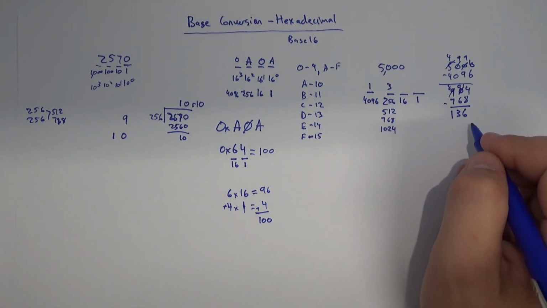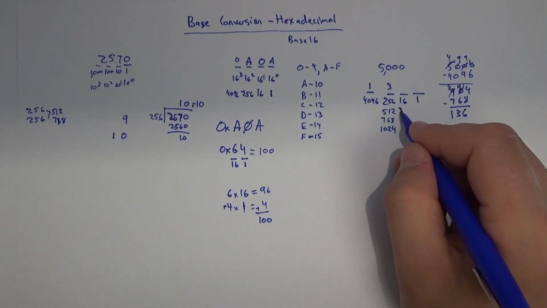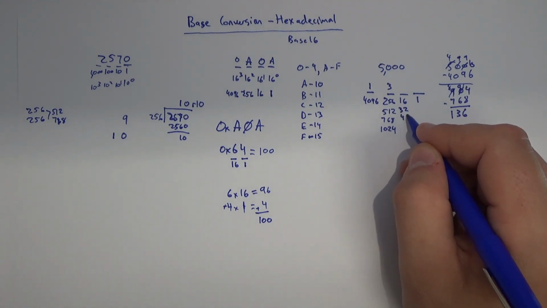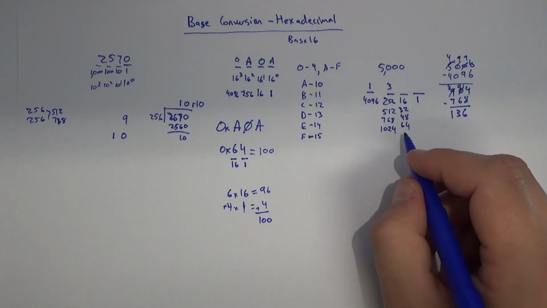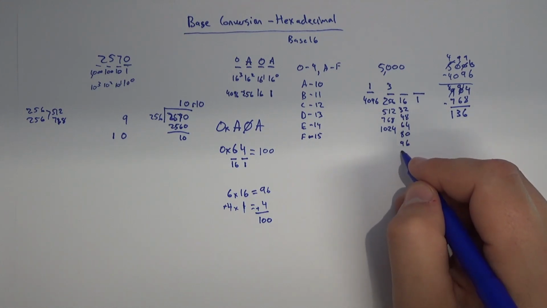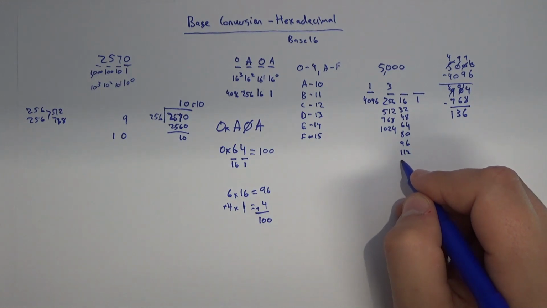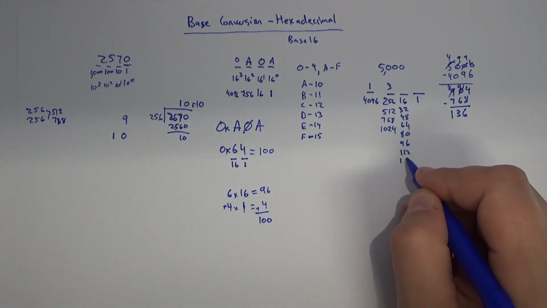Okay. So now I have 16 and I have 136. I think I'm going to be pulling 8 out of there. But let's just do it. 32, 48, 64, 80, 96, 112, and 128.